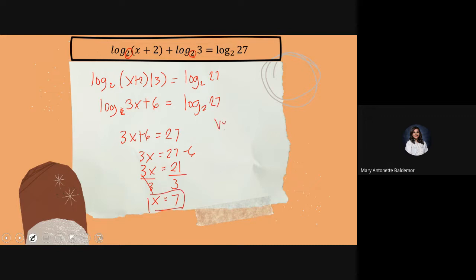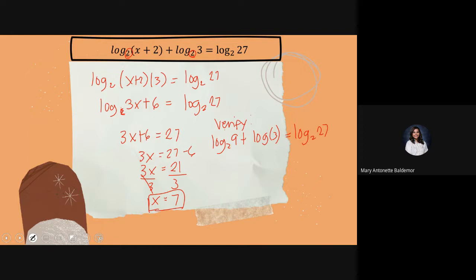Now to verify, we can substitute the value of x to the logarithmic equation. So the logarithm of 7 plus 2 is 9. So the logarithm of 9 with base 2 plus the logarithm of 3 with base 2 is equal to the logarithm of 27 with base 2.